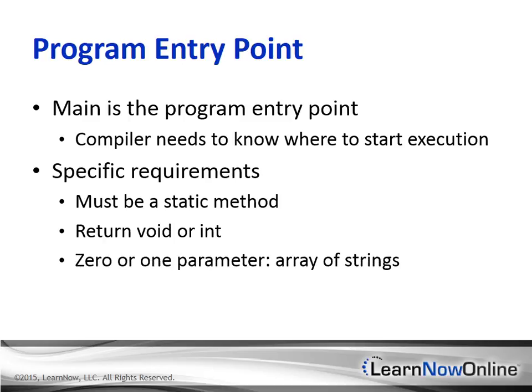And third, the method can accept 0 or 1 parameters. If it accepts a parameter, it must be an array of strings that contain command line arguments. So you can either include them or just have empty parentheses.